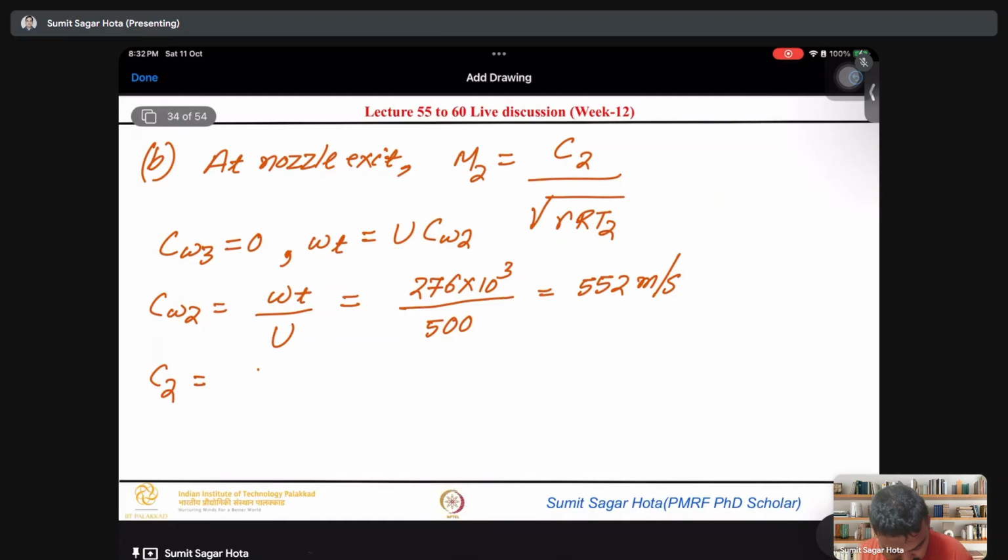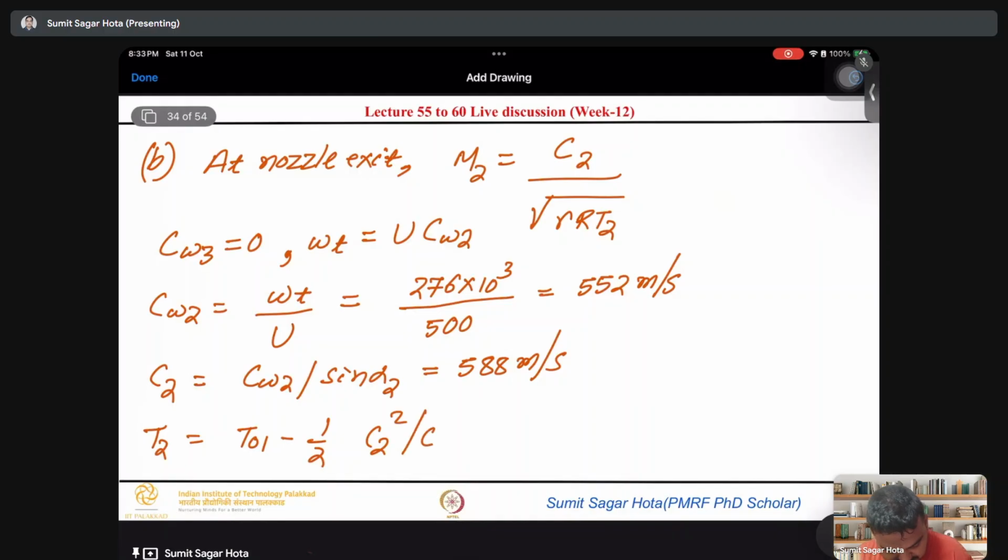C2 is equal to CW2 by sine alpha 2. If you solve, you will get the value as 588 meter per second. Again, T2 is equal to T01 minus half C2 square by Cp. If you solve, you will get it as 973 Kelvin.